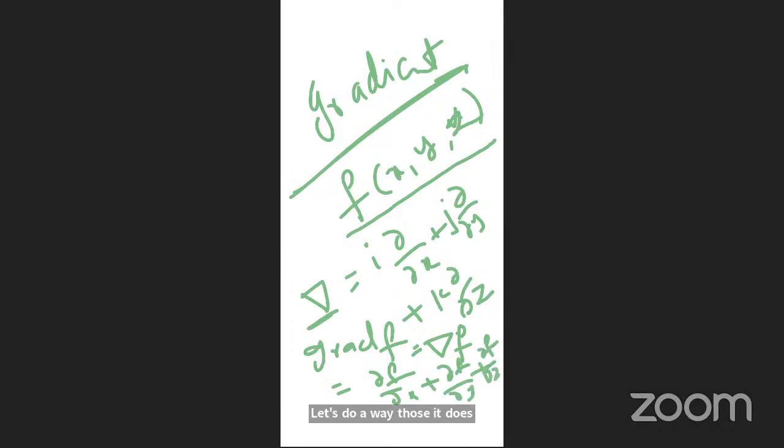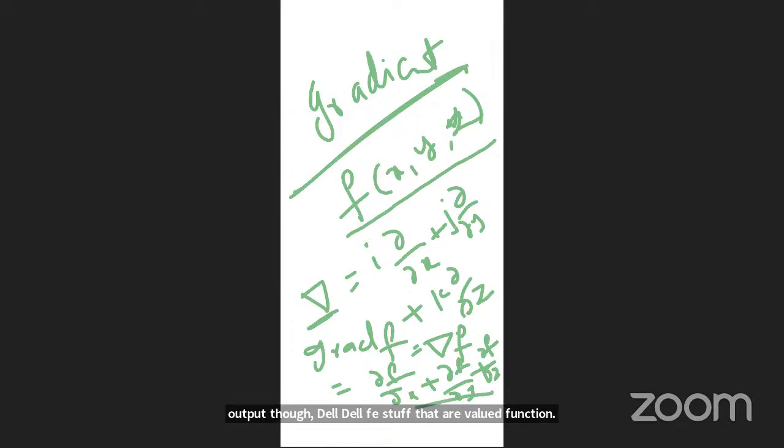This is grad f. The gradient takes a scalar valued function, while the output del f is a vector valued function.